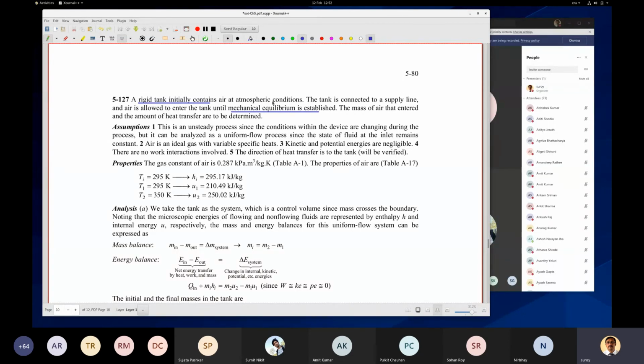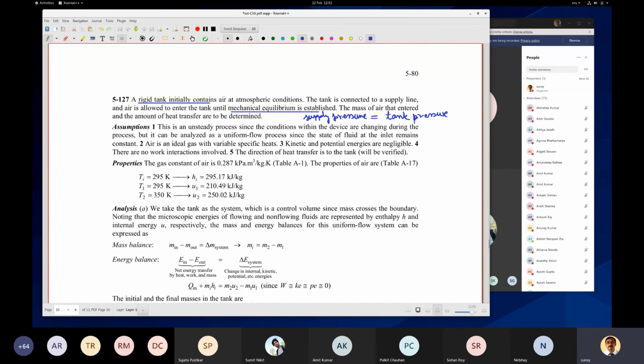When the header pressure, supply line pressure, is equal to tank pressure. Supply pressure is equal to tank pressure. That is when it will become.